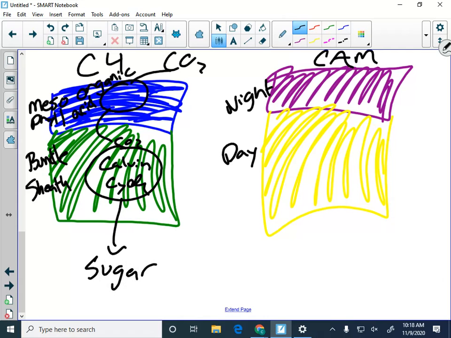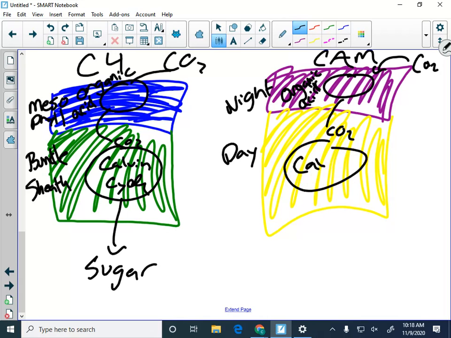And the exact same thing happens with CAM plants, where we have CO2 coming in, we're storing our organic acids, which are released as CO2 into the Calvin cycle, which give us our sugars.